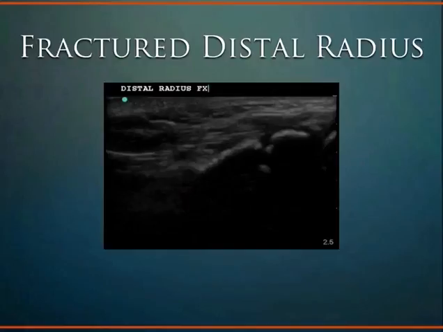You just place the probe on the surface of the skin, and there typically tends to be a lot of fluid collection and hematoma in association with fractures. As we know, water and fluid help the penetration of the sound waves, and so the hematoma actually helps visualization of the fracture. So you don't have to push that hard. You find that maximal point of tenderness and then visualize there.